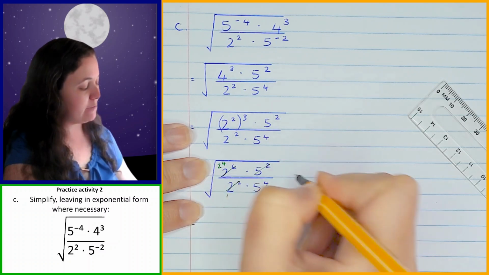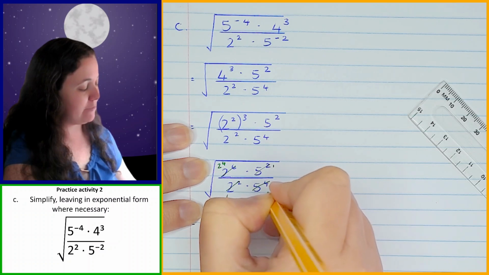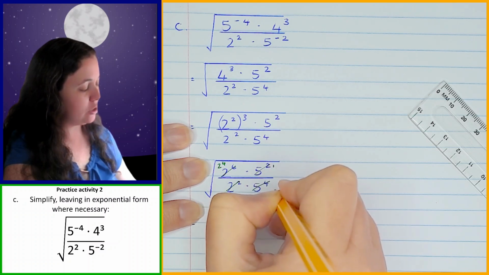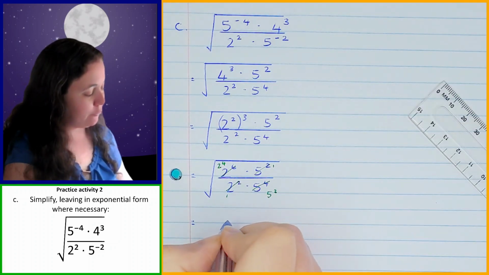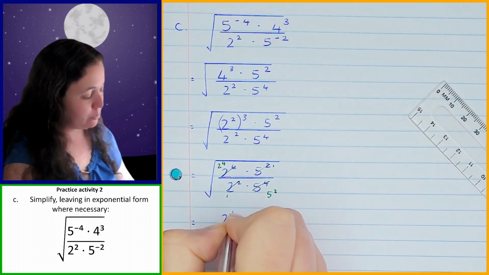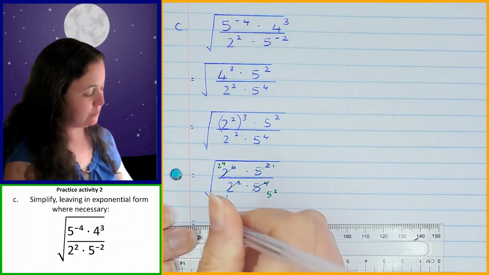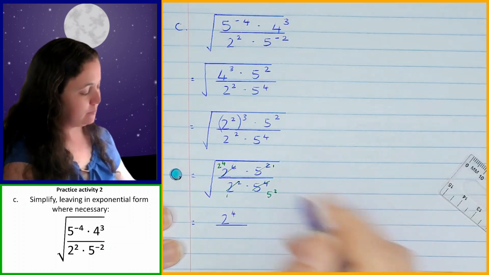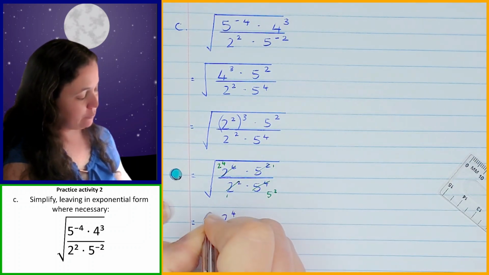So the 5 to the power of 2 is going to cancel completely. The 5 to the power of 4 is going to become 5 to the power of 4 minus 2, which is 2. Okay, so I'm left over here with 2 to the power of 4 at the top of my fraction and 5 to the power of 2 at the bottom of the fraction. Okay, and that is still in the square root sign.